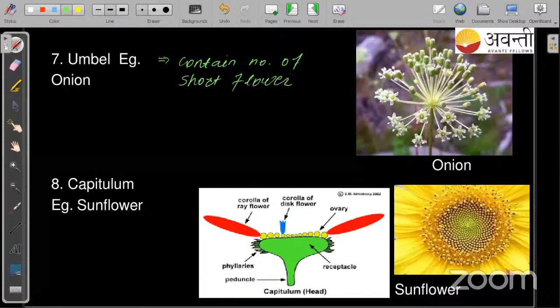That means if this is a short flower, this is again one short flower, this is again one short flower, but they attach to one point, and that is known as the umbel. You can see in this diagram, this is the one common point from where all the flowers arise. And that is known as umbel. The best example of umbel is the onion.